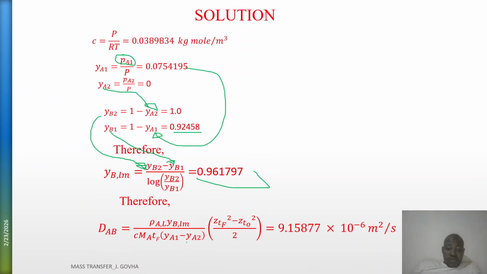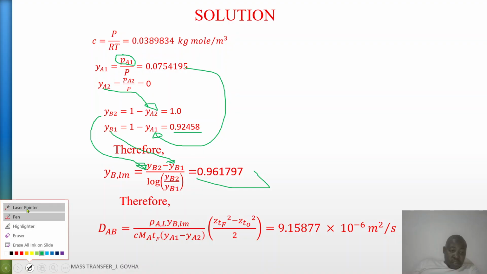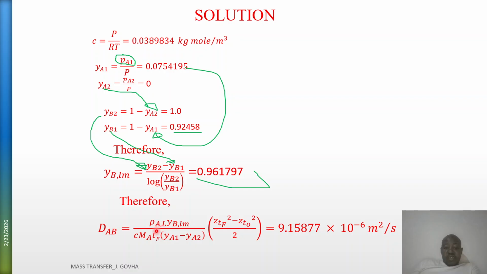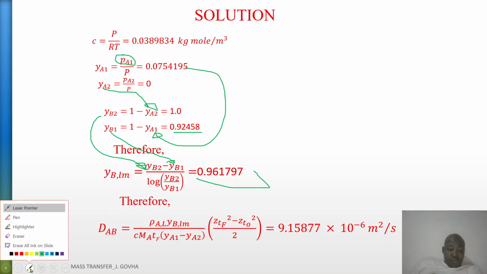So this is where we are. Every other piece of data in this equation is either given in the question or we've calculated it, and after substituting and checking consistency of units, we get 9.15877 times 10 to the power minus 6 meter squared per second. Thank you.